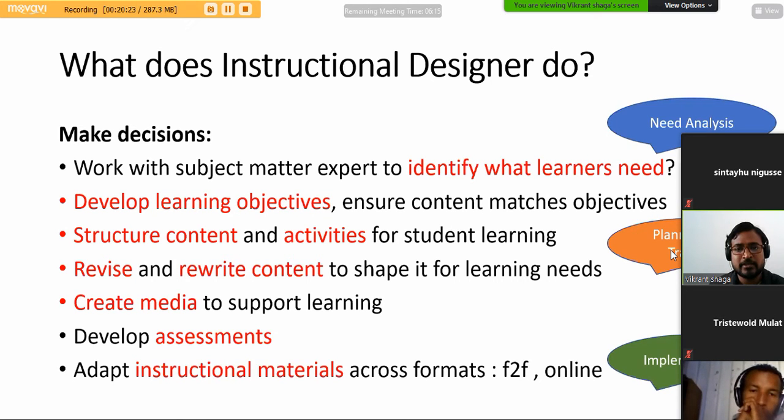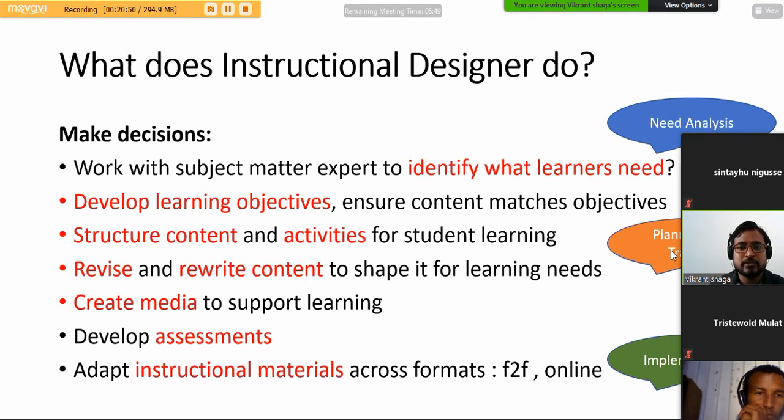Why am I taking the quiz? It has some objective. It is not like I just wanted to make it compulsory to punish you all. It is not like that. There is some objective to conduct these kinds of activities. So develop the learning objectives for that particular course, and they should match your content.